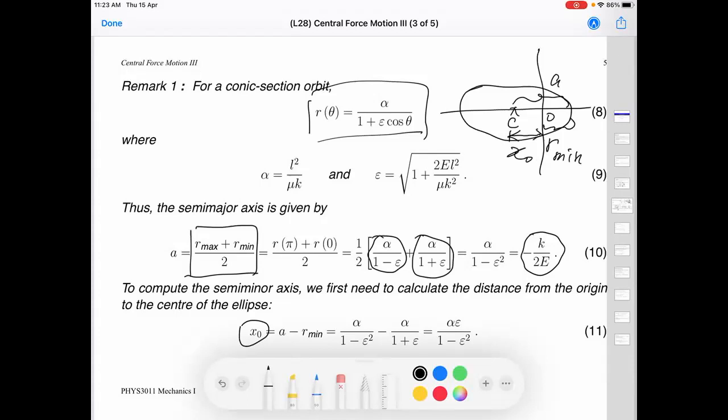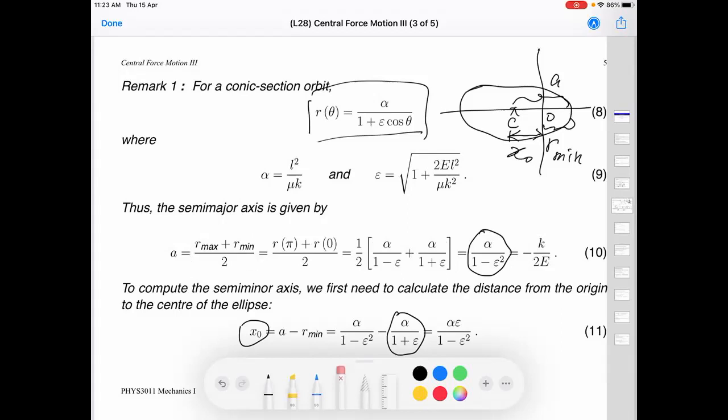So what is x naught? We realize that R min is equal to R at theta equal to 0. That means this one. And we know the A. A is this one. Then we combine these two terms. We have this. Okay. So this is x naught.